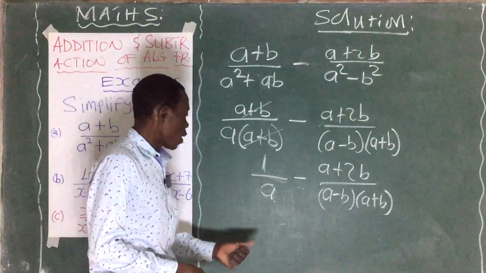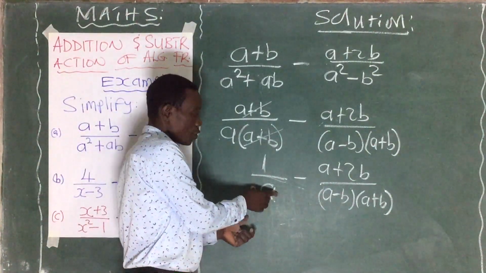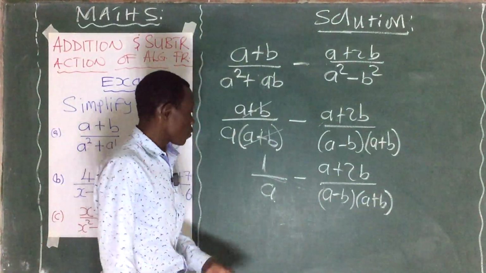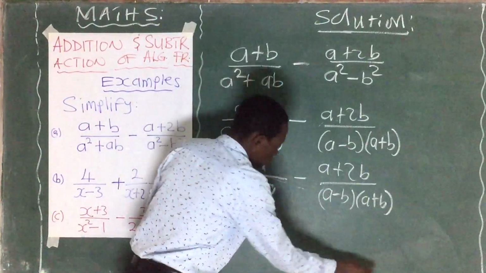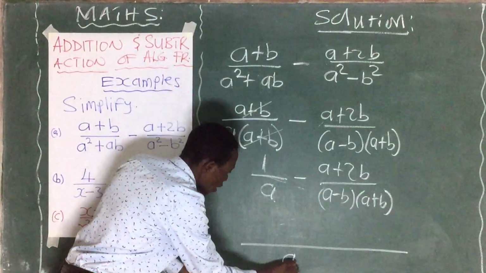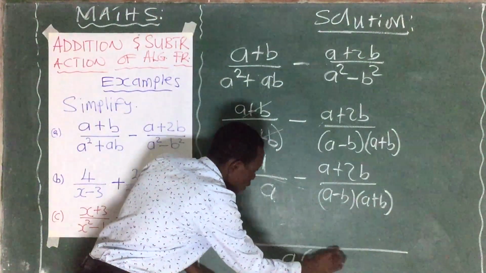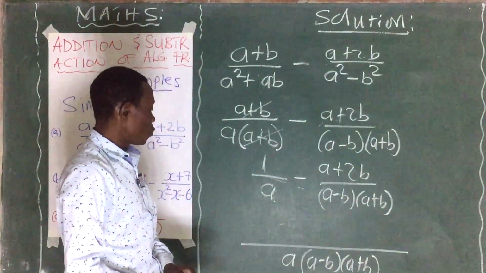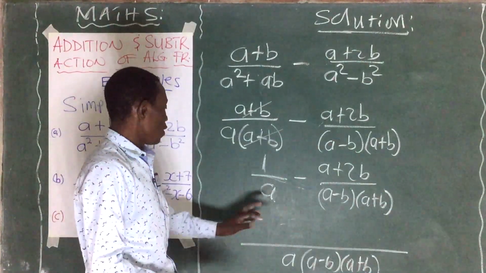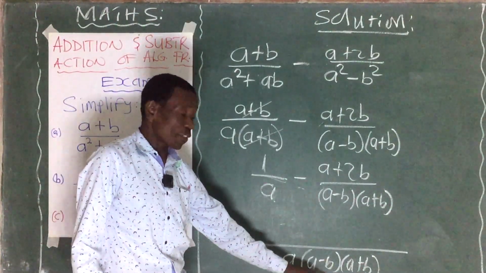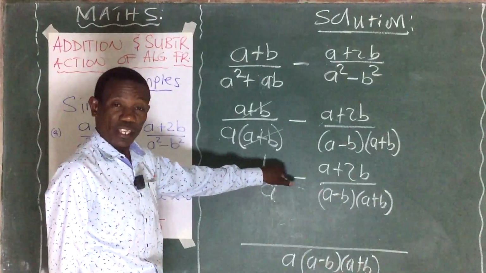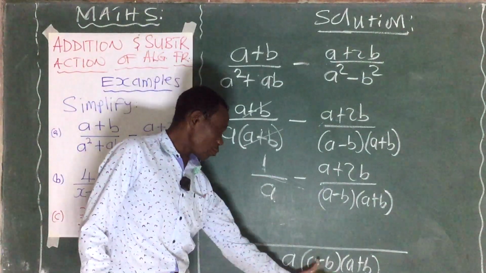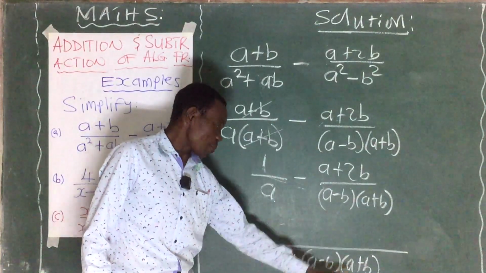The common denominator for this one, which is a, and a minus b product a plus b, is a, a minus b, a plus b. Then what do you do with that common denominator? You let these two denominators divide into it, and the result has to be multiplied by the numerators. So here we begin by having a into a minus b, a plus b.